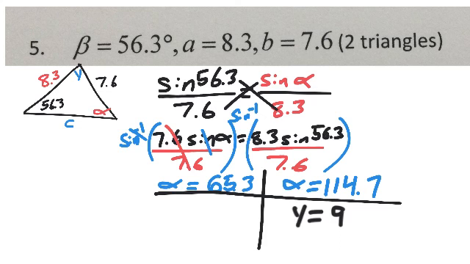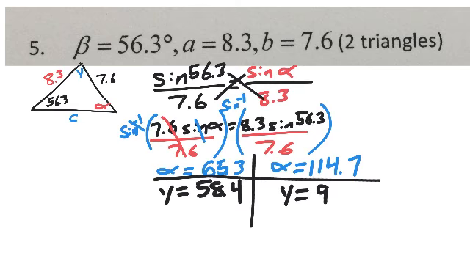Or if alpha was 65.3, then gamma would be something else. So I would do 180 minus 65.3 minus 56.3. I get gamma could be 58.4. So this is the case where there's two triangles.